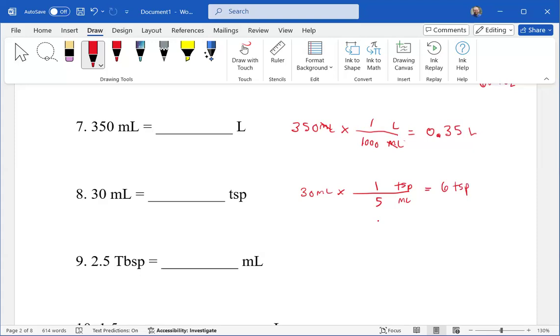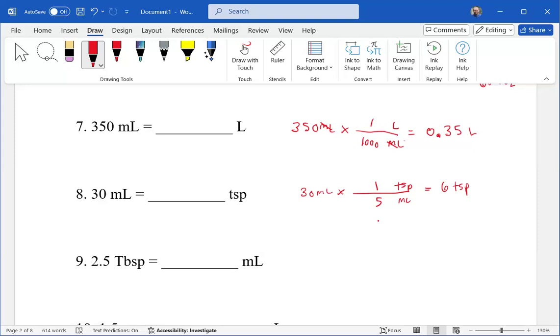Sometimes you'll get a question that says you're giving an order of a particular medication in a liquid form. You would administer it in milliliters, but sometimes it'll ask you to administer it in teaspoons. So you just need to make sure you can convert milliliters to teaspoons because it might ask you.